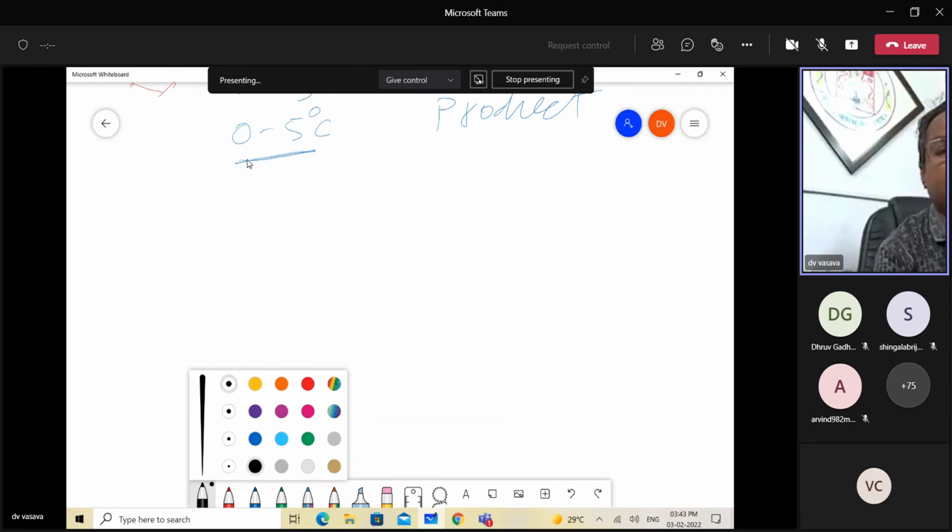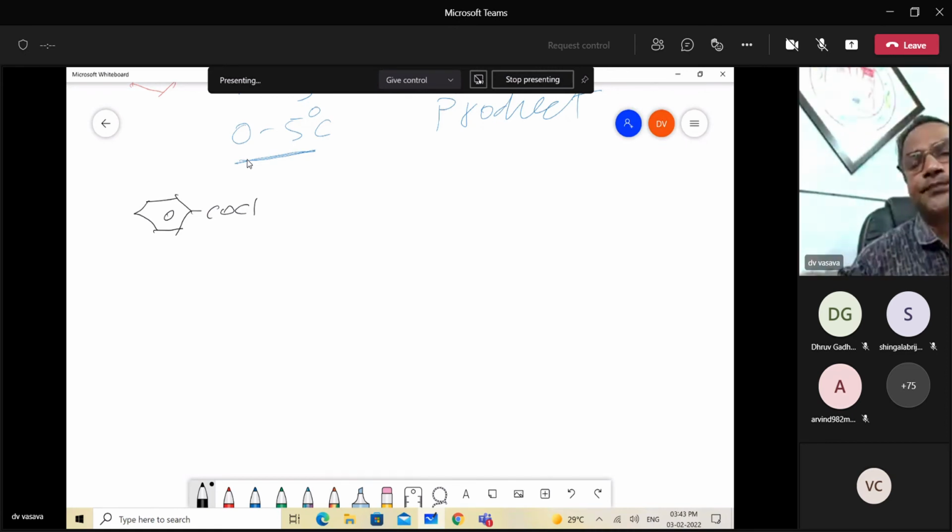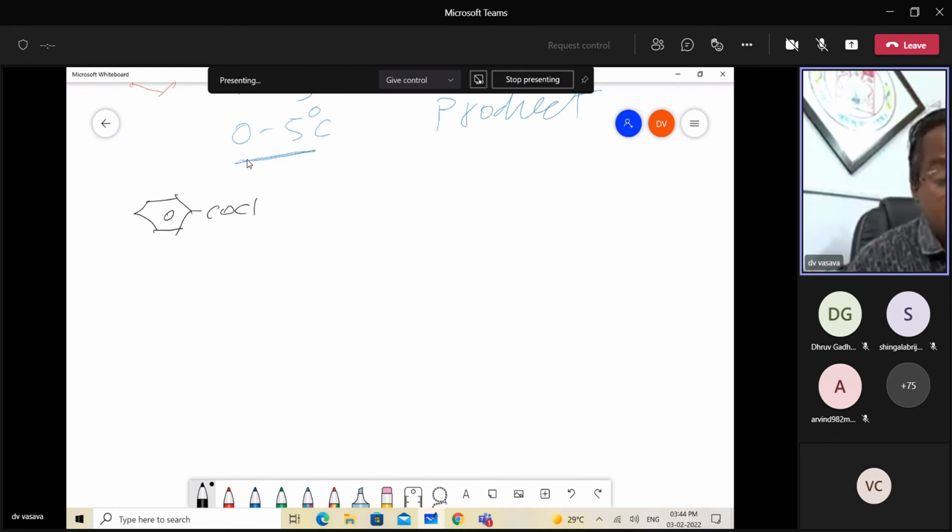So here, what should I take? First of all, I will take the benzoyl chloride. Now, acetyl chloride and benzoyl chlorides are highly reactive. Even if you keep them at room temperature, they will start reacting. They react also with the tears, so immediately HCl is formed, and that is why the irritation takes place.